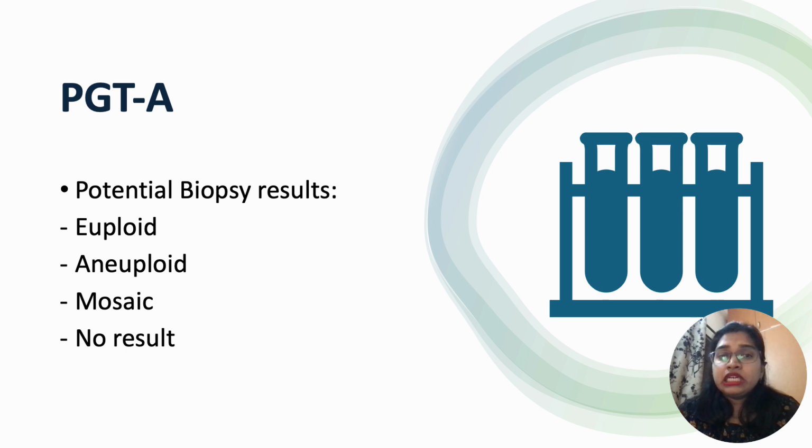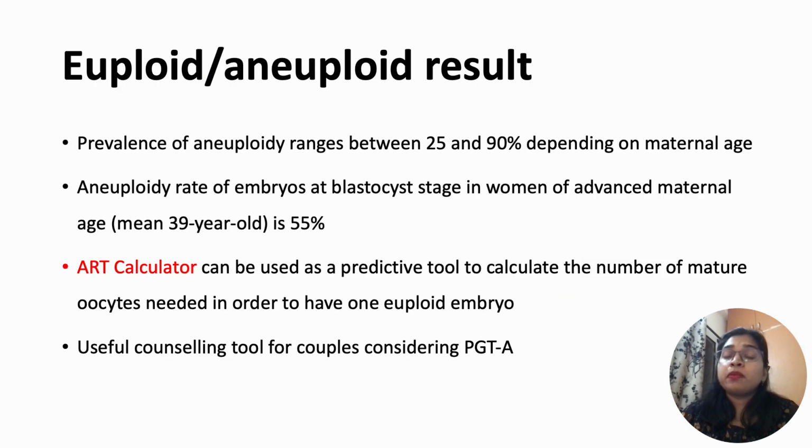When we do PGT-A, the potential biopsy result can come as either euploid, aneuploid, mosaic or no result. What if the report comes as euploid or aneuploid? If it is euploid, we are going to transfer. If it is aneuploid, we are not going to transfer. Simple. Prevalence of aneuploidy ranges between 25 to 90% depending on the patient's maternal age.